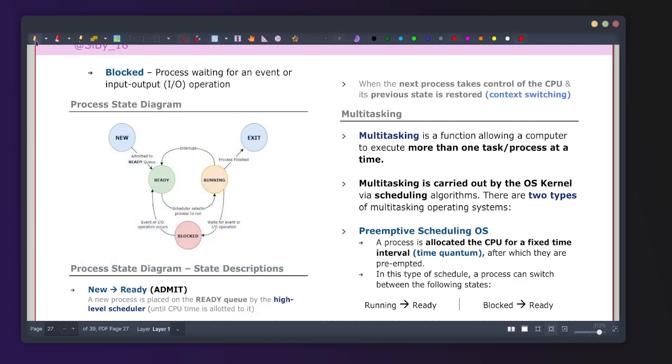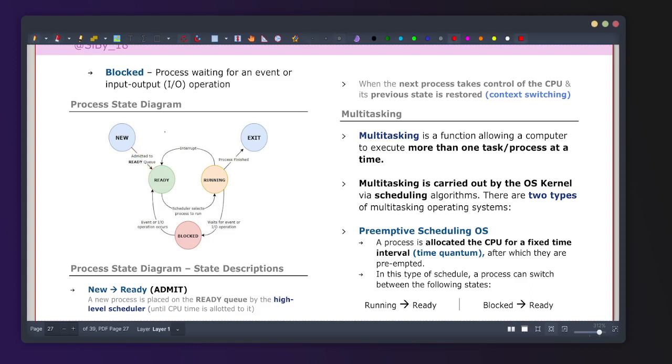So the first task is a new process is initially admitted to a ready queue, which is basically a queue that contains the processes that are ready to be executed by the CPU. Can you all guess what the process state of processes in the ready queue might be? It should be the ready state, right? Because they are now ready to be executed, right?